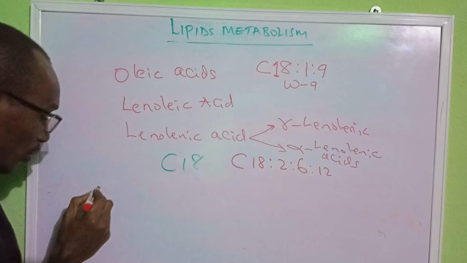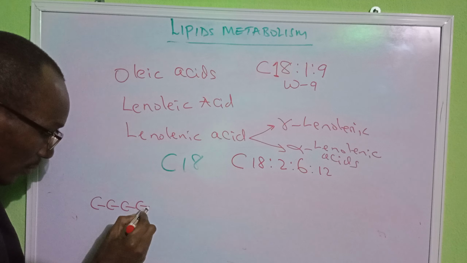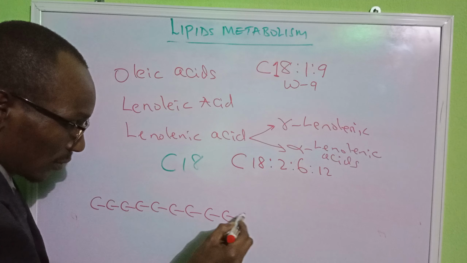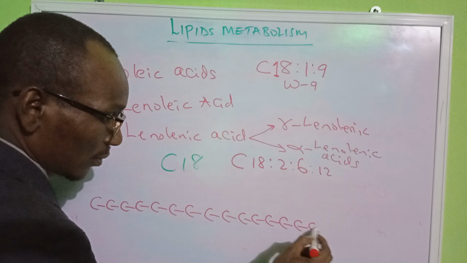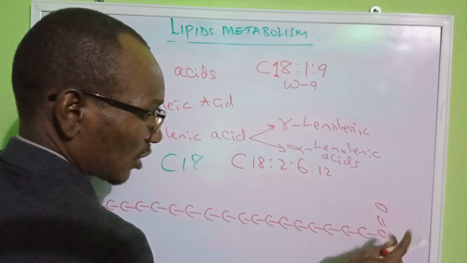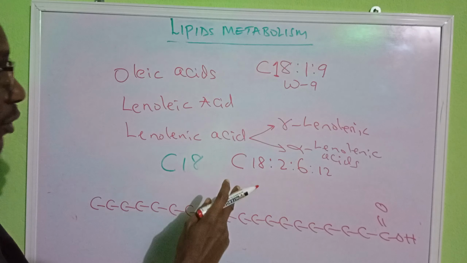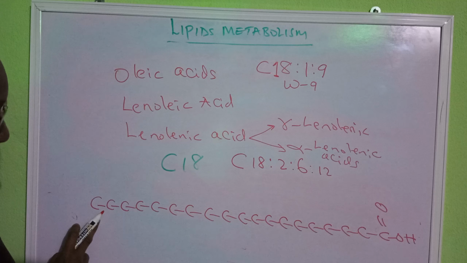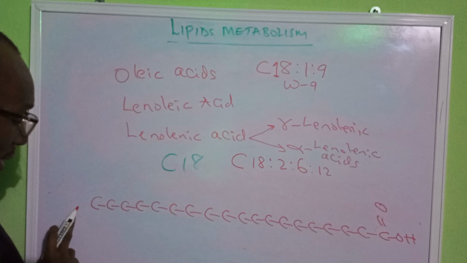This is the functional group of the acid. So when we start counting, from here, that's our alpha, and that's where our omega carbon atom starts counting.